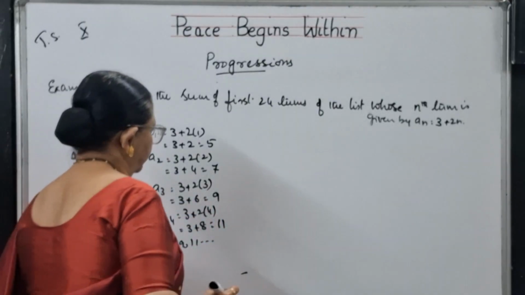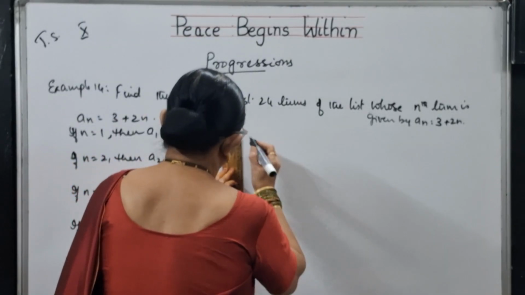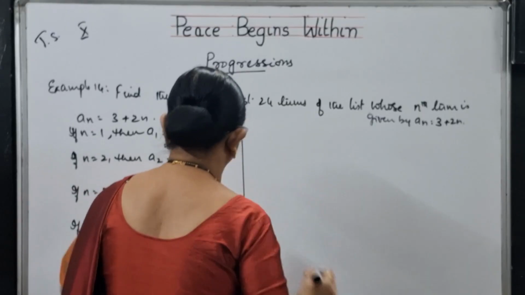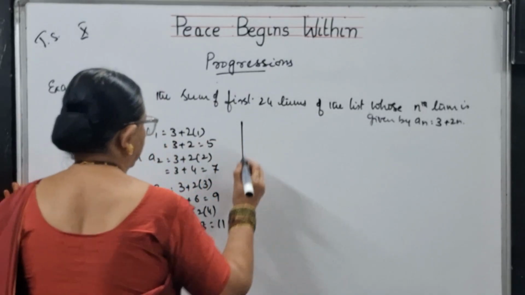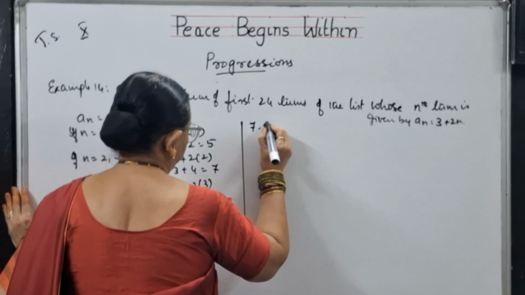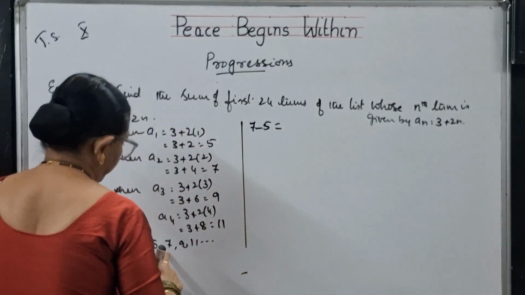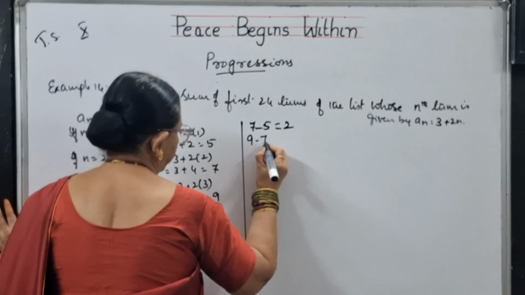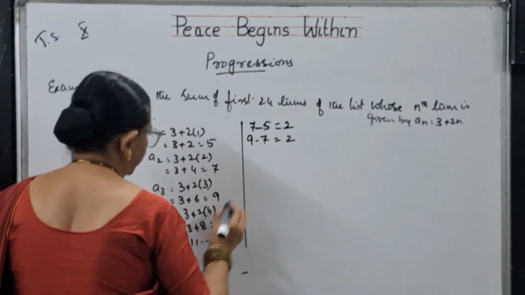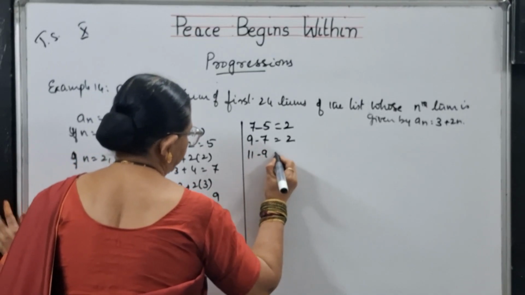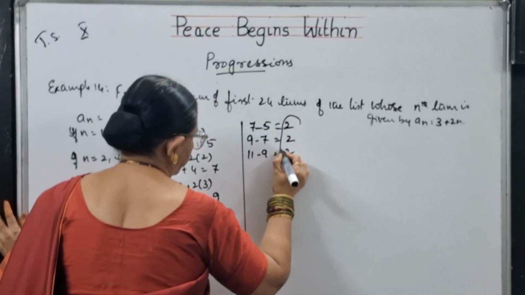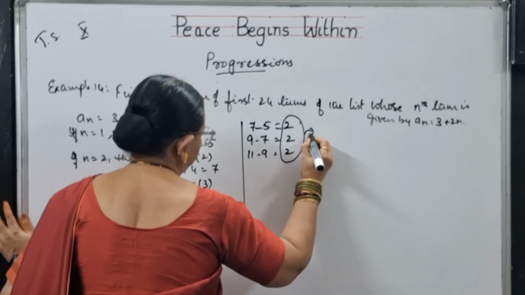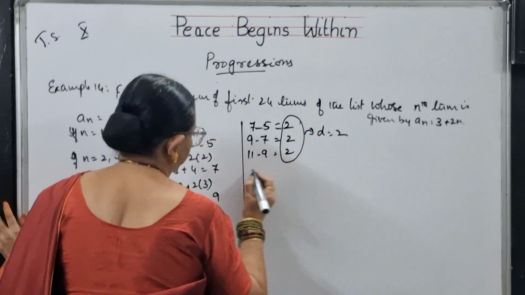So, if you see this series, we should say whether it is in AP or not. So, let us take 7 minus 5. 7 minus 5 is 2. 9 minus 7 is 2. 11 minus 9 is 2. So, there is a common difference. With this, we say that d is 2.